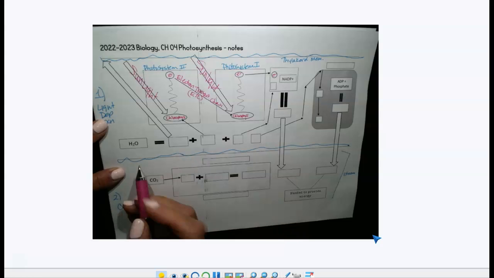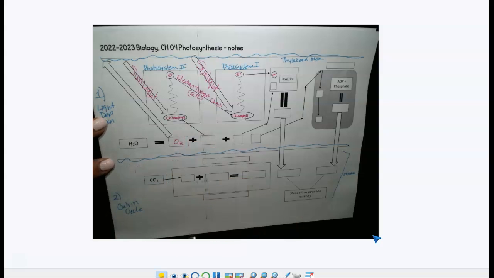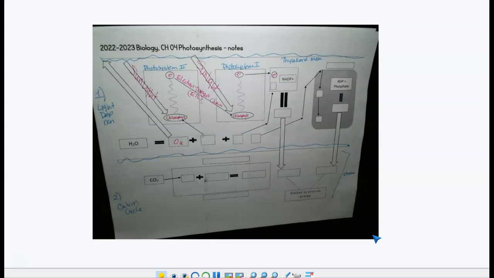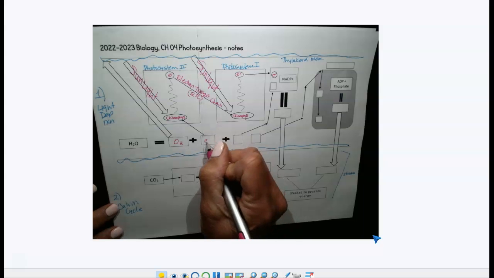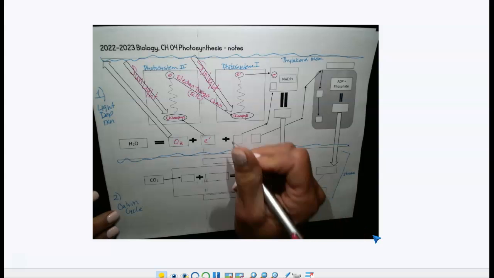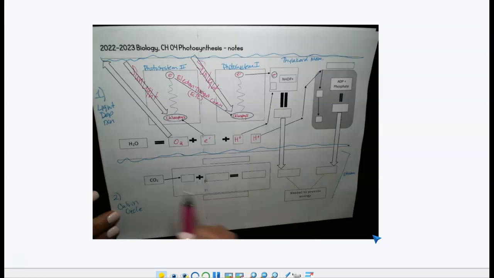Meanwhile, H2O, which is a reactant, is breaking down. It is going to break down into oxygen gas, which is O2. It is going to release an electron, and it is going to release 2 hydrogen ions when it is broken down.